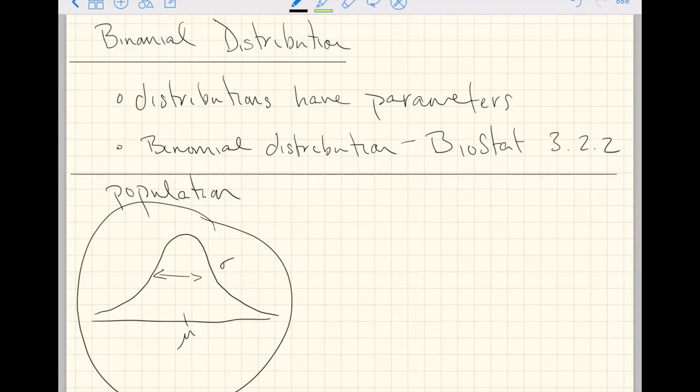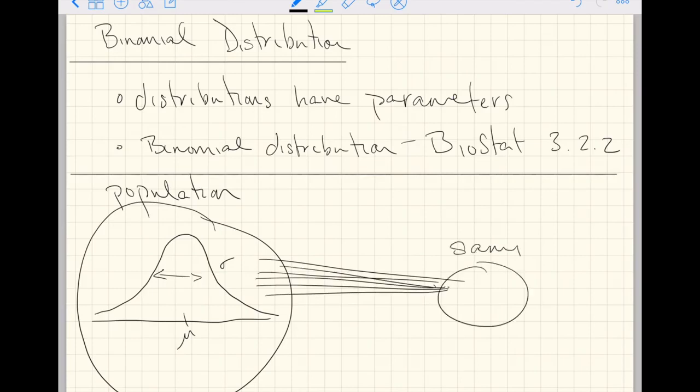In the world of statistics, what we do is draw random variables from that population to form a sample, and then we estimate the population mean with whatever observations we have in our sample. We add them all up and divide by however many there are. I like to call that estimate mu hat, but often people will call it x bar.